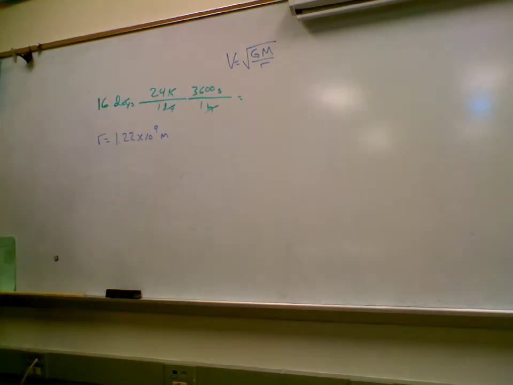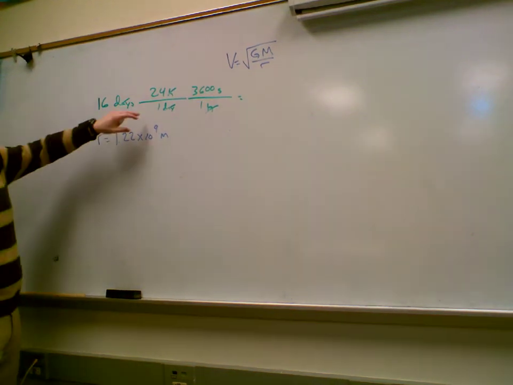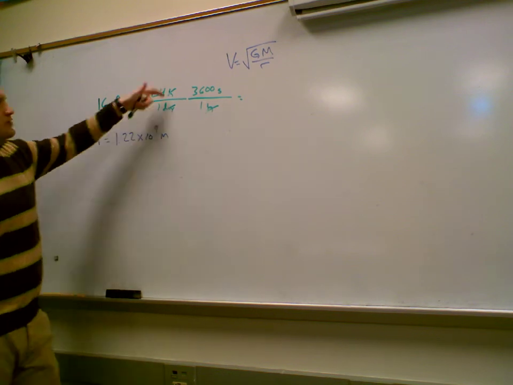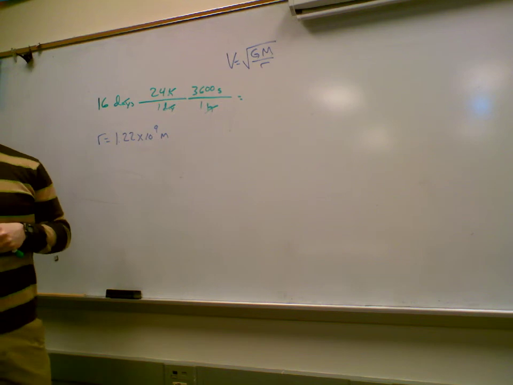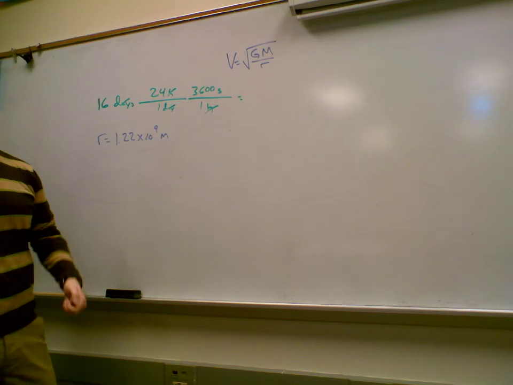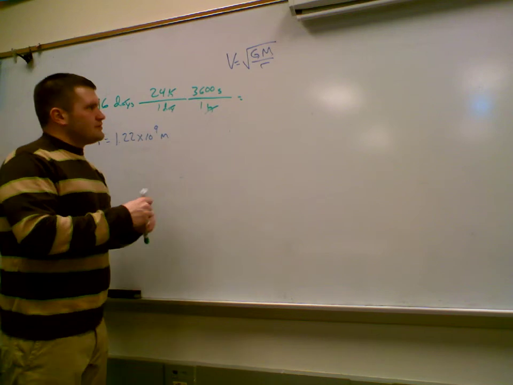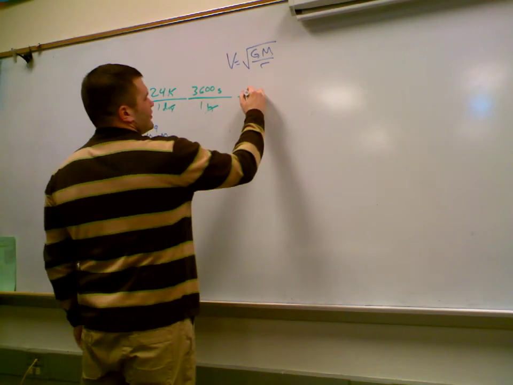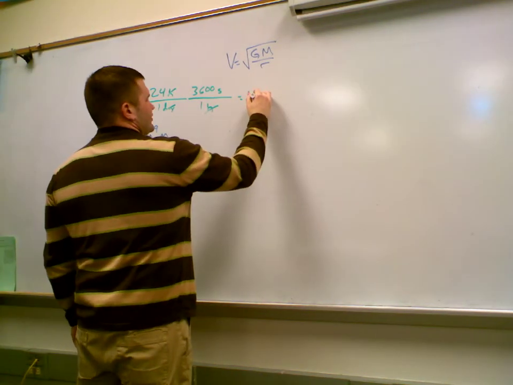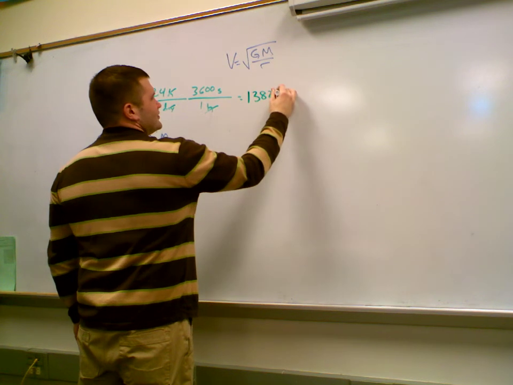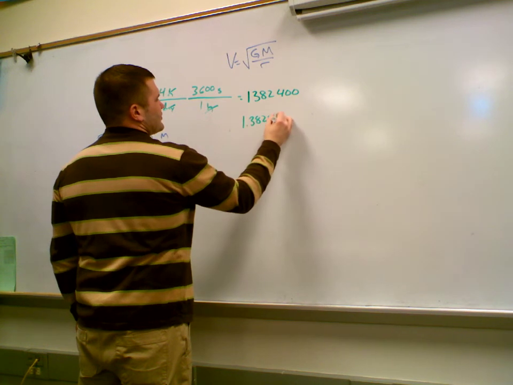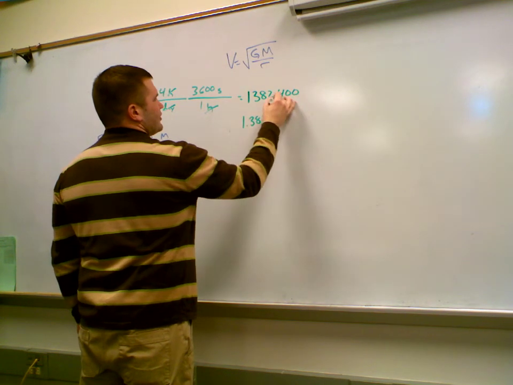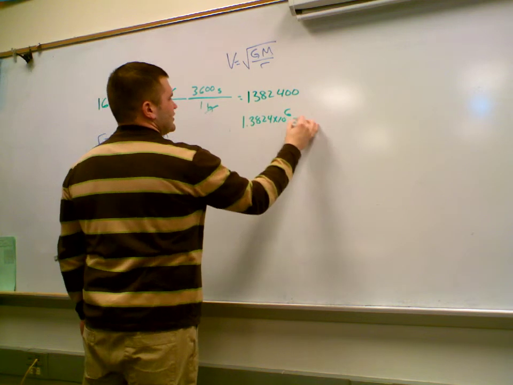Okay. All right. So to find the orbital period, we do 16 times 24 over 1 times 3600 over 1. So we turn our days into seconds. How many seconds is that? 1,382,400, or 1.3824 times 10 to the 6th seconds.